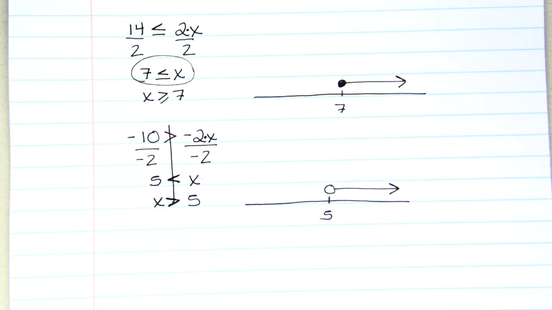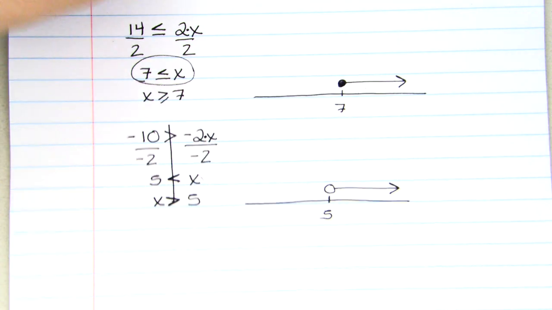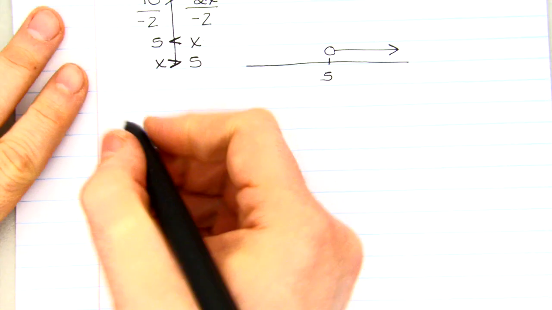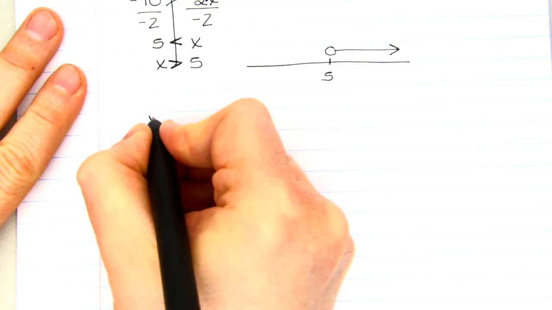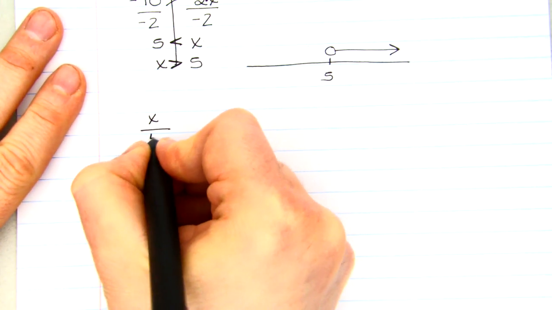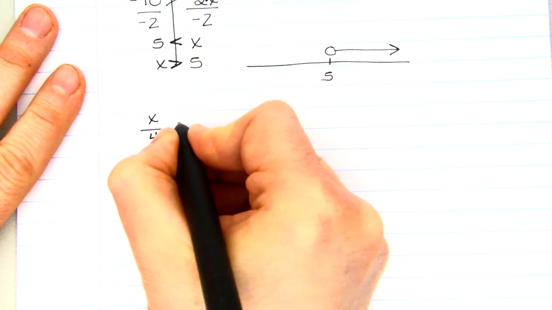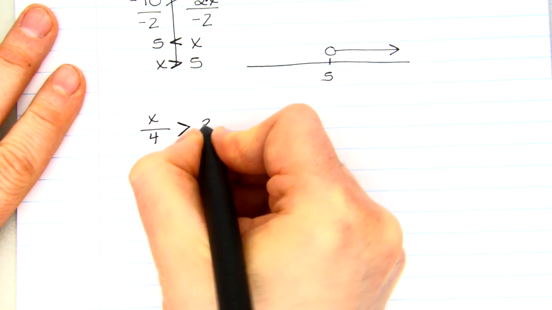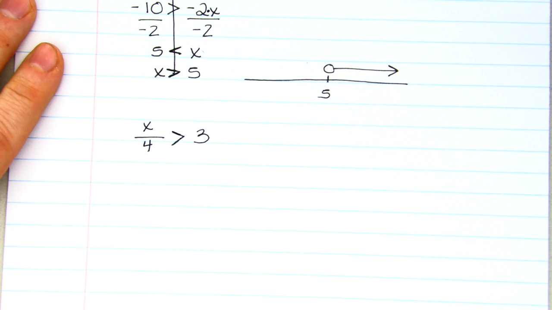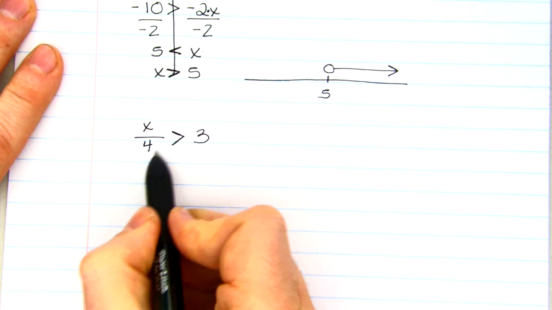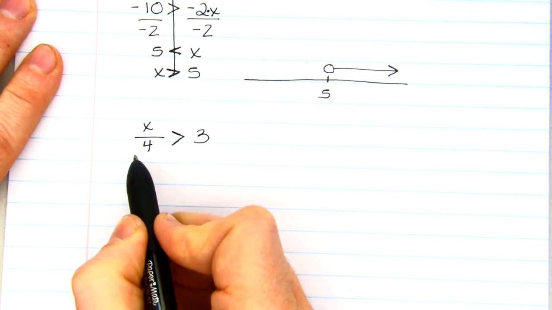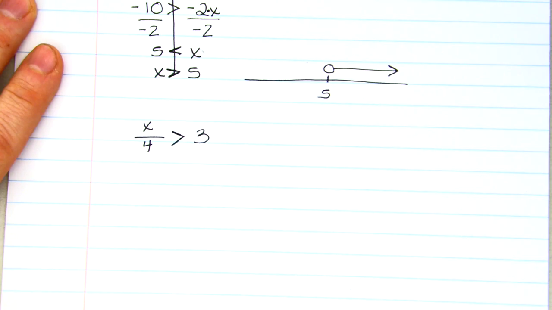The last thing I want to go through with you are some problems where we have division and have to solve by using multiplication. Let's look at an inequality like this: x divided by 4 is greater than 3. Well, this is a division problem, and the opposite of division is multiplication.